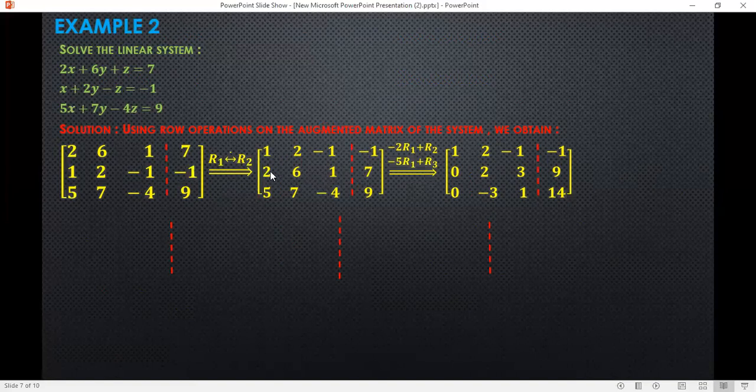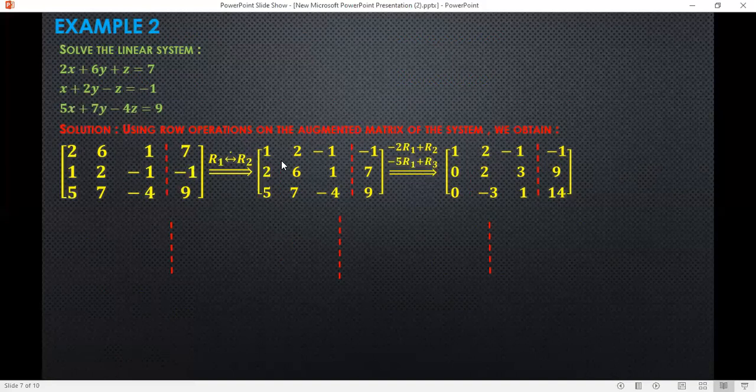And then after that, you want to make this entry 0 and also the 5 a 0. So I'm going to multiply the first row by negative 2 and add it to the second row, and also multiply the first row by negative 5 and add it to the third row to guarantee that this 2 and 5 will be 0. Here the first row is still the same, 1, 2, negative 1, negative 1.